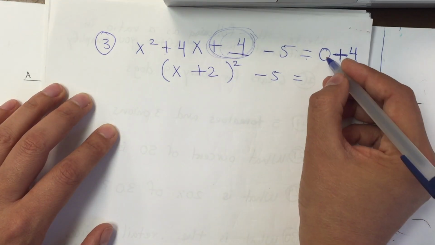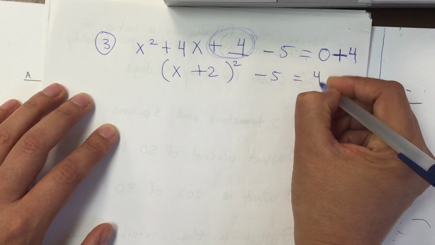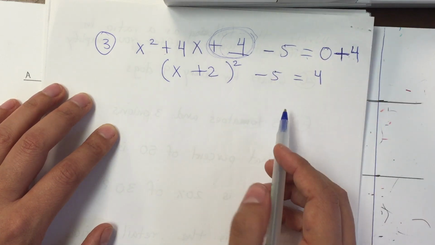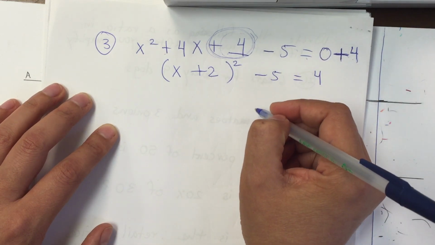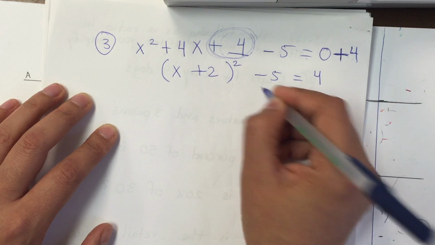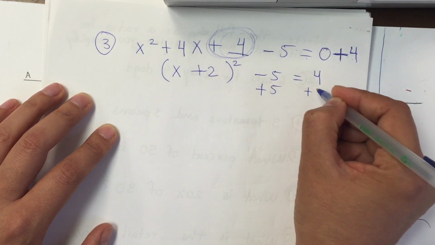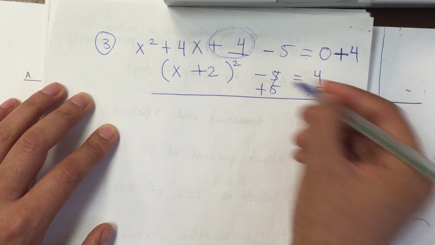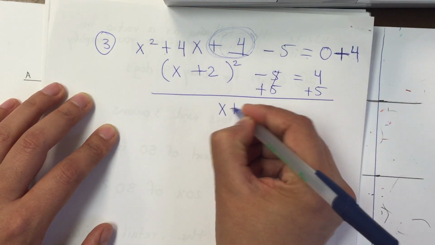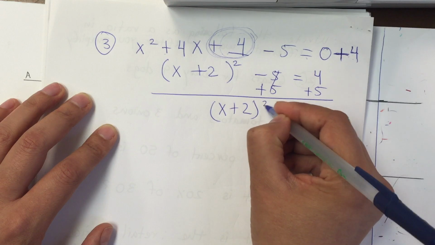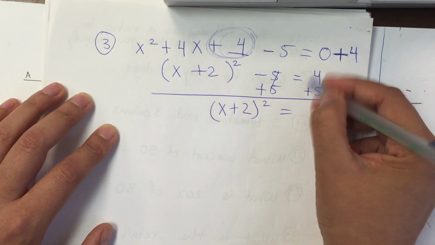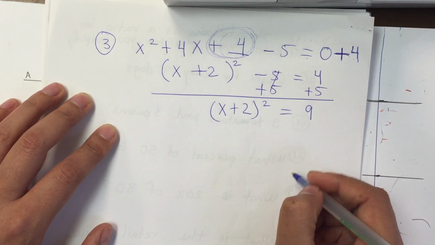Okay, now 0 plus 4 is 4, right? We cancel the 5, we start solving by canceling, and so we get x plus 2 squared is equal to 9.